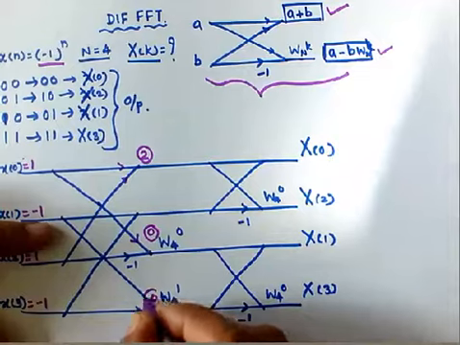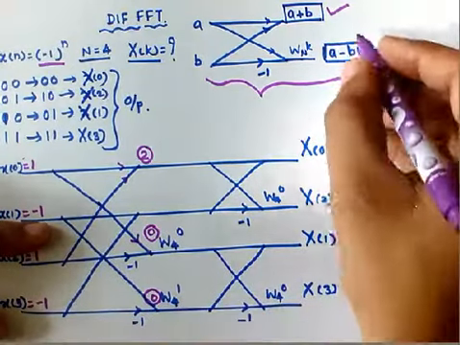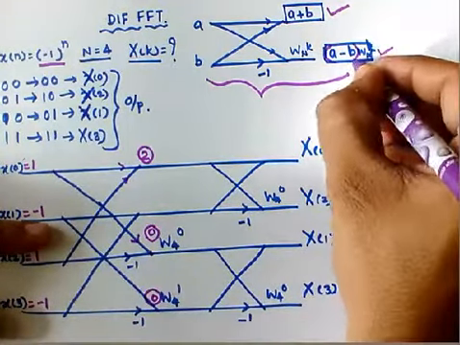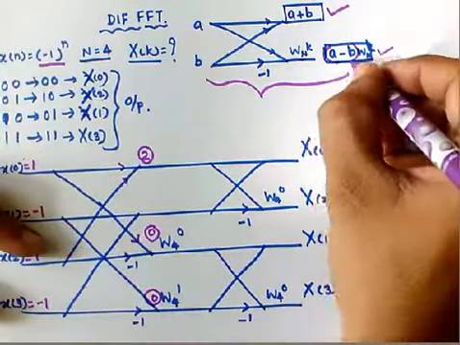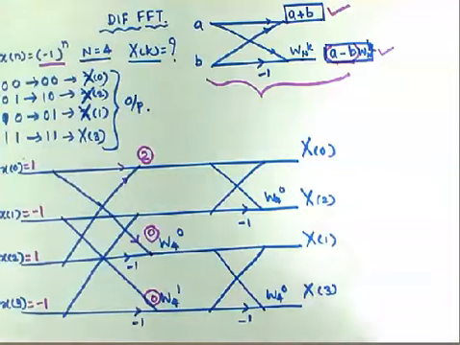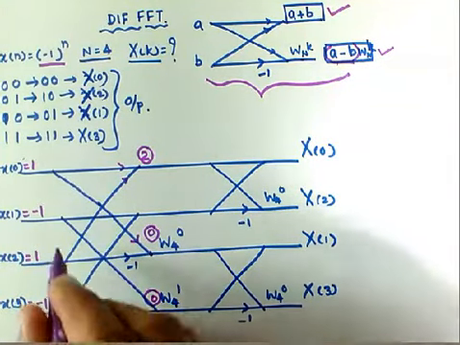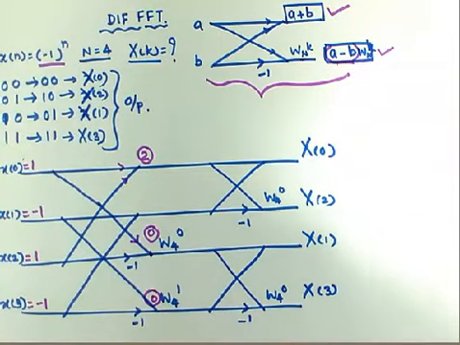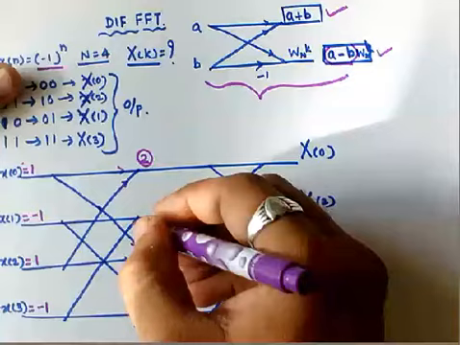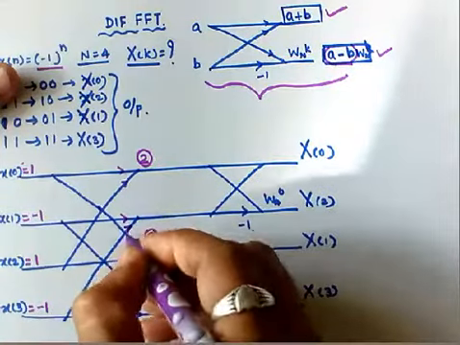So obviously here also we will get, see here, this is actually (A minus B) times Wn raised to k. This is the simple change in the butterfly structure. First of all the subtraction will be done and then it will be multiplied by the related Wn raised to k. So this is 0.